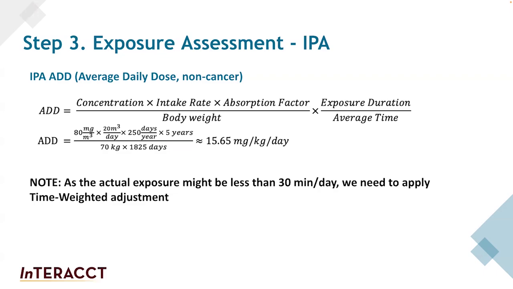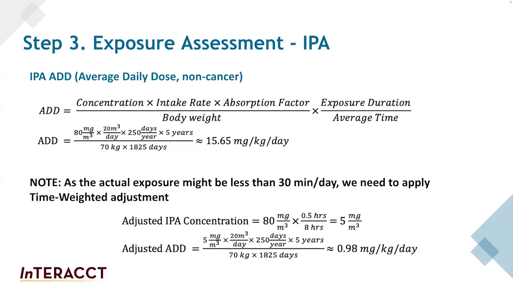If workers are only exposed for 30 minutes per day, we need to apply a time-weighted adjustment. We adjust the IPA concentration by multiplying by the fraction of time exposed, so 0.5 hours divided by 8 hours, resulting in an adjusted concentration of 5 milligram per cubic meter.